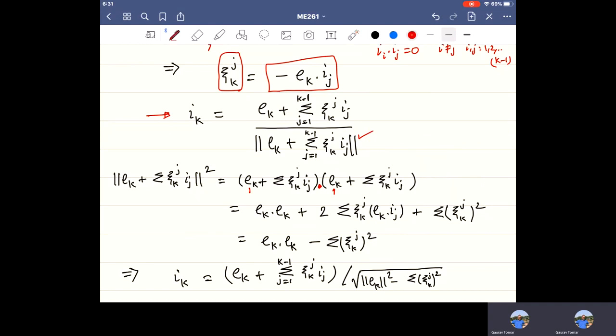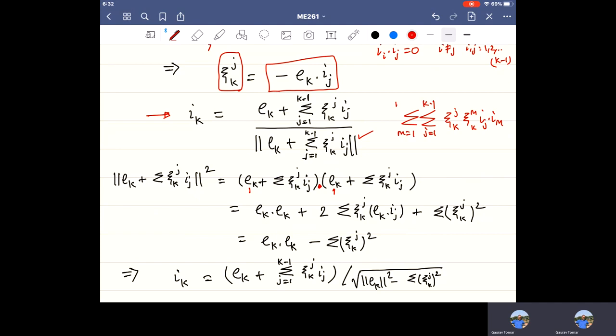Then this entire thing will reduce to the summation over xi kj times xi km times ij dot im, with j running from 1 to k minus 1 and m running from 1 to k minus 1.